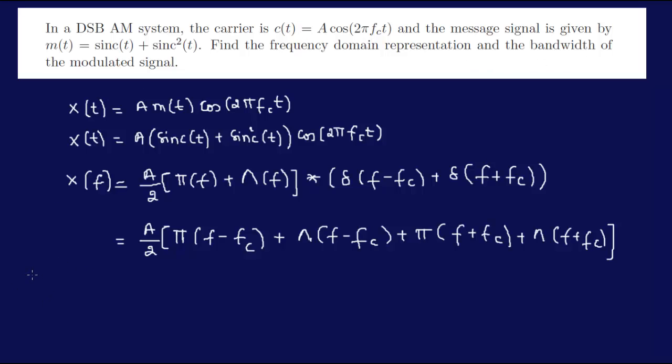Now for the bandwidth, here it's a DSB amplitude modulation, double sideband modulation. So in the book on page 204 we have, let me read it for you: if M of f is equal to 0 for frequency greater than the bandwidth W, then the bandwidth of m of t is W, and the bandwidth of the modulated signal is 2 times the bandwidth.